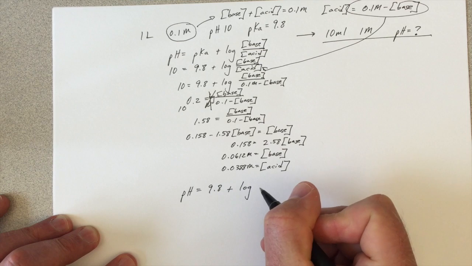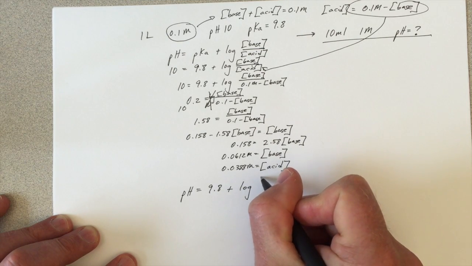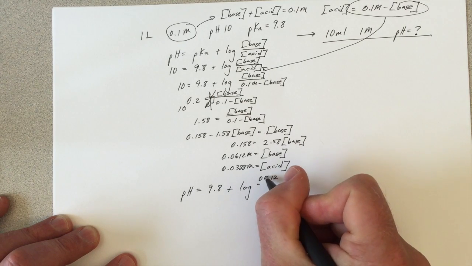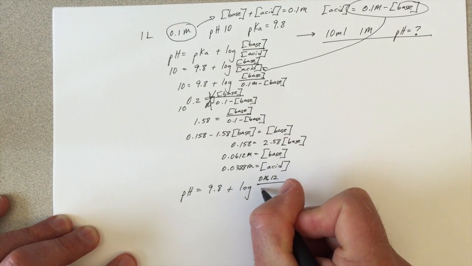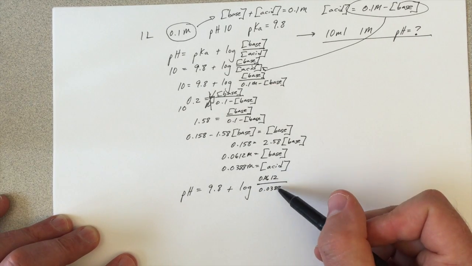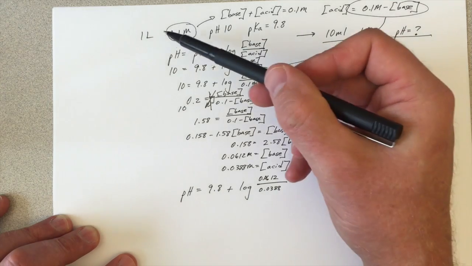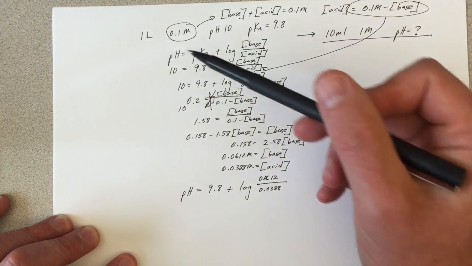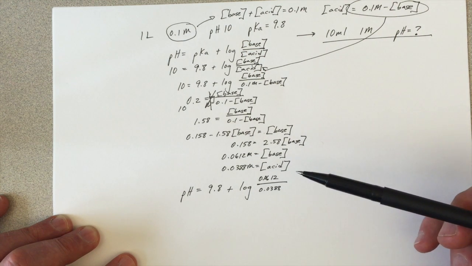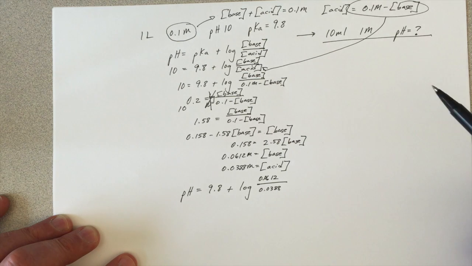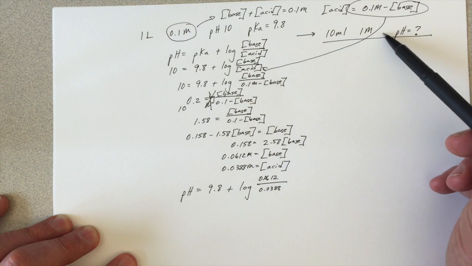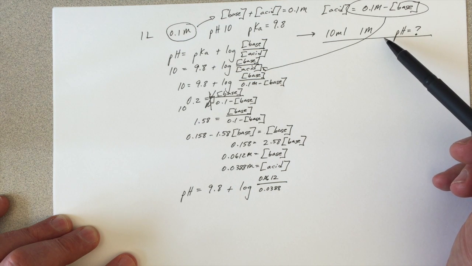The amounts of base and acid are going to change, but they start off at 0.0612 and 0.0388. I'm going to treat these as moles because I know I have 1 liter. 1 liter of a 0.0612 molar solution has 0.0612 moles in it.